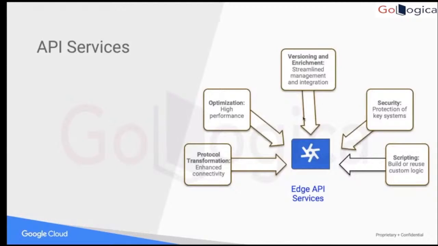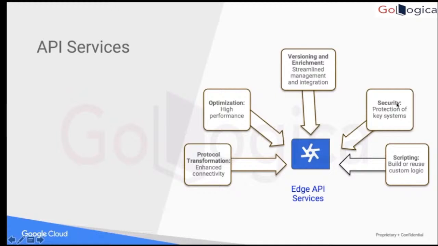So first, API services. Some examples are protocol transformation, like SOAP to REST, XML to JSON, those kinds of things. You can do that. Then you can optimize for high performance using caching and all those things. You can make sure that your APIs are properly versioned. And you can also govern, as I mentioned, with API decommissioning and all those things in place.